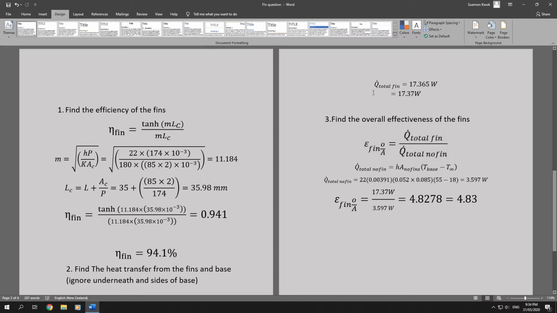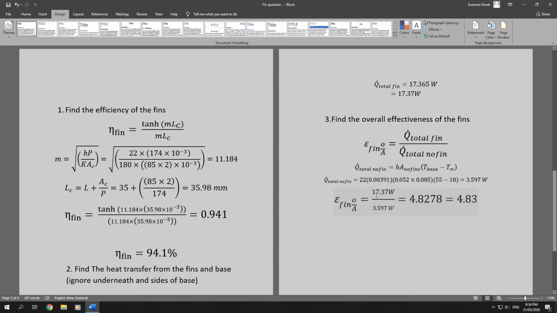So we already found with fins, which is 17.37 watts, and then you just have to find the no fin heat transfer. For this formula, it's just h times area no fins times base minus surrounding temperature. Plug and play.